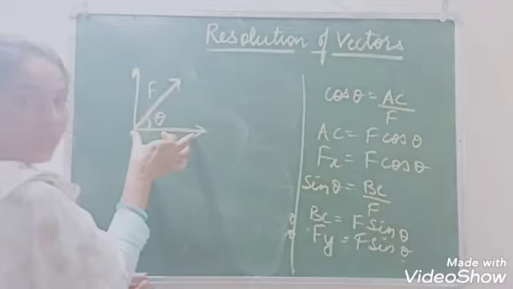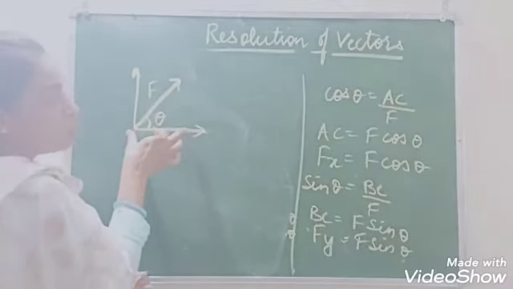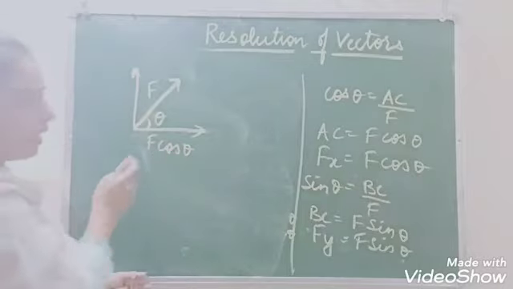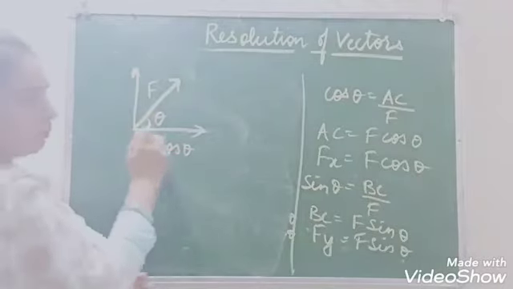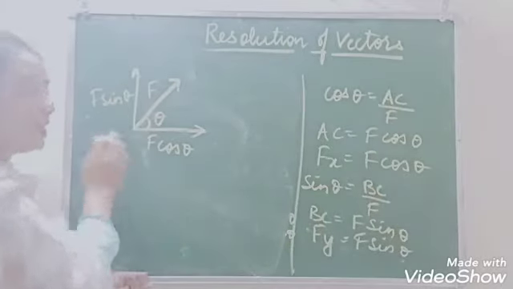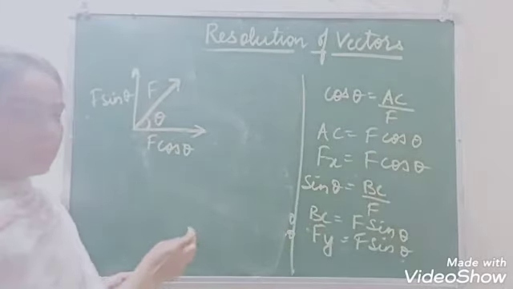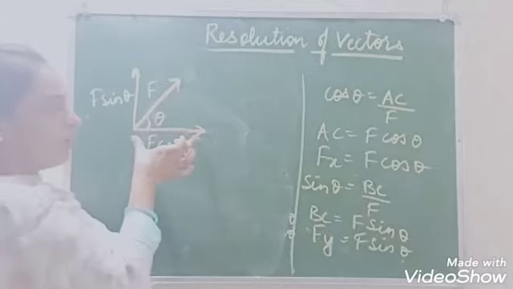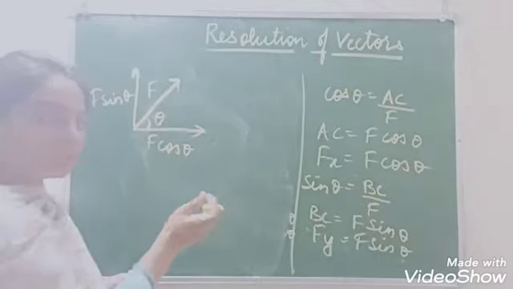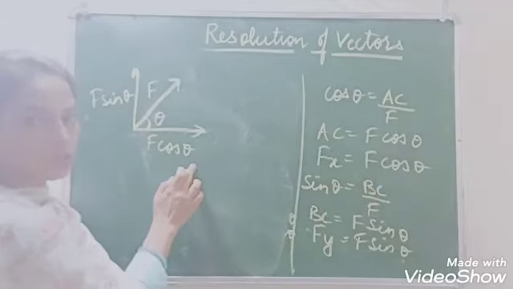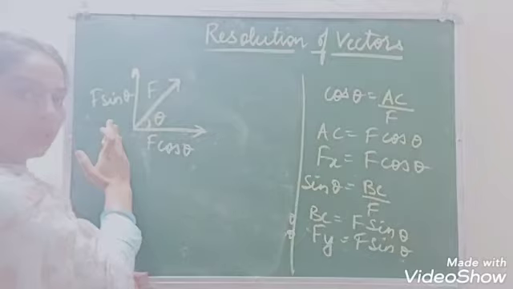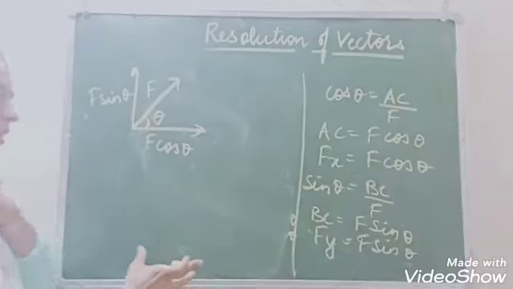Here F is making angle theta with the x axis, so this component will be F cos theta, and the perpendicular component will be F sin theta. The vector makes angle theta with whichever axis, on that axis you will have the cos theta component, and the perpendicular component will be the sine component.